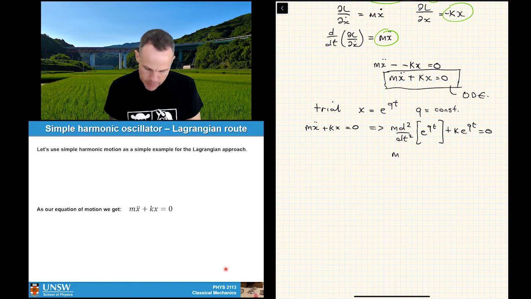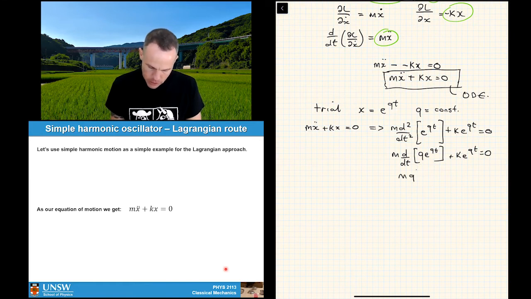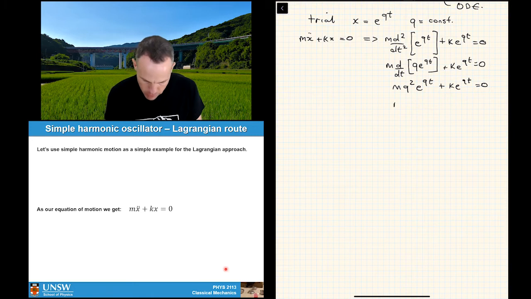So this is going to be m d/dt of q e^(qt) plus k e^(qt) equals 0. And then we take this derivative again, right? So this is now going to give me m q² e^(qt) plus k e^(qt) equals 0. And then I can collect my terms. So I've got (mq² plus k) e^(qt) equals 0.